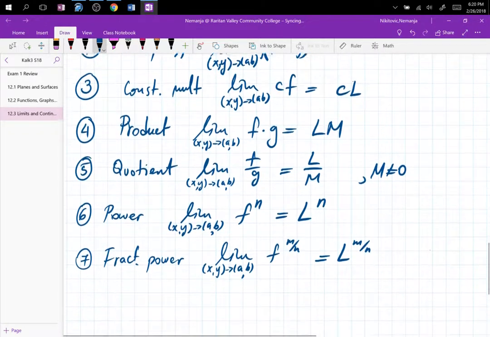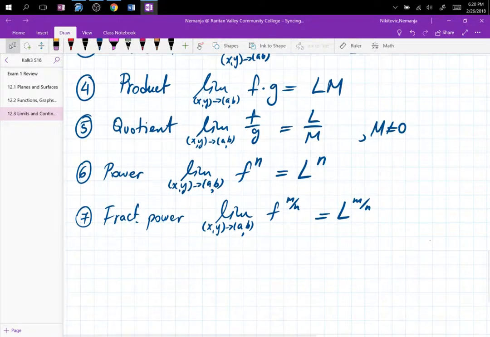So those are the limit laws, and you see that they are identical to the limit laws you had in Calc 1.